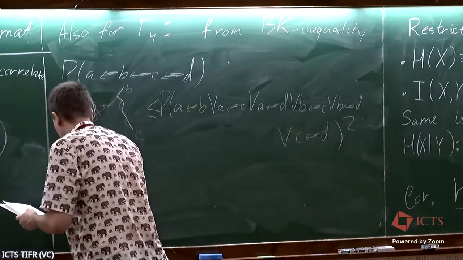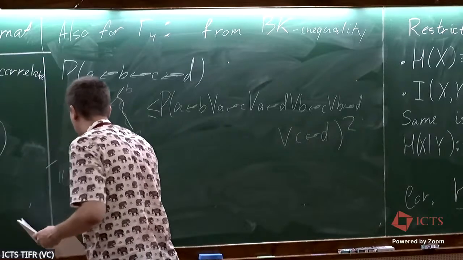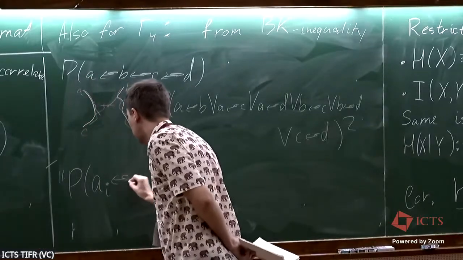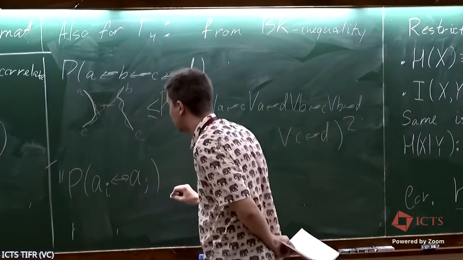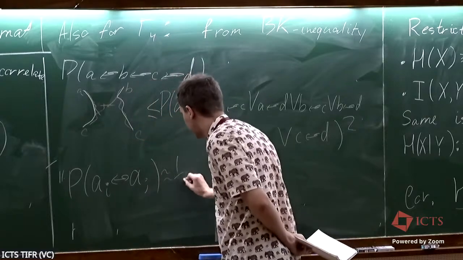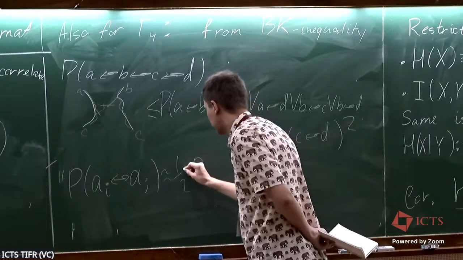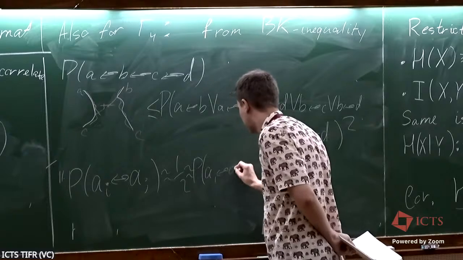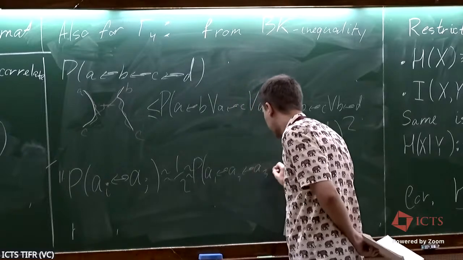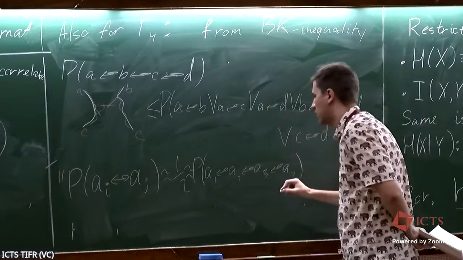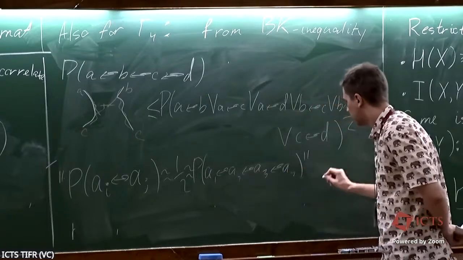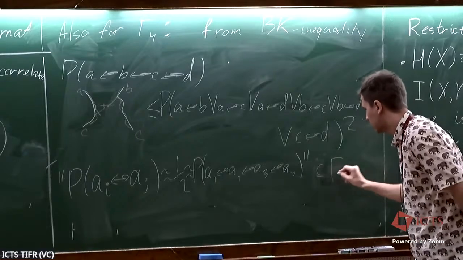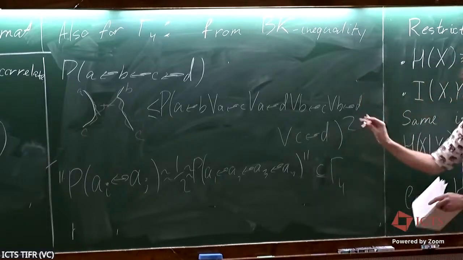So we cannot have the situation when the probability that any 2 vertices are in the same cluster is approximately 1/2, and the probability that all 3 of them are in one cluster is also approximately 1/2. So this situation is not inside gamma 4.